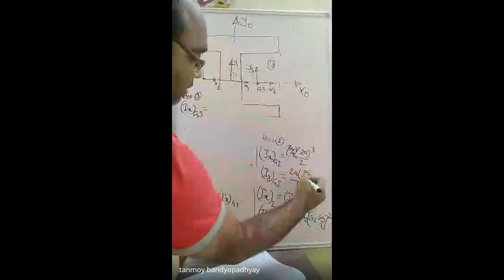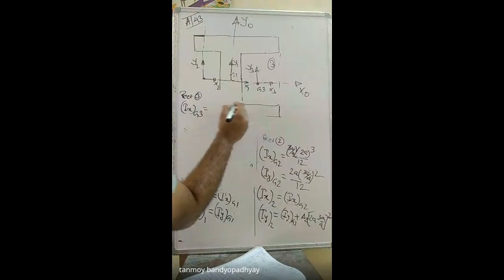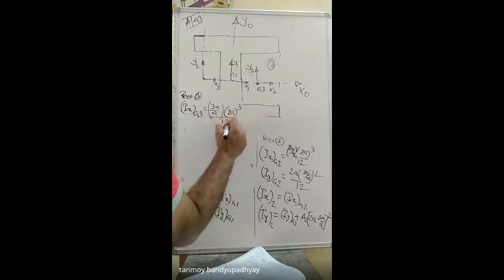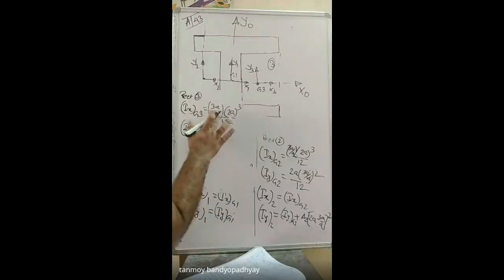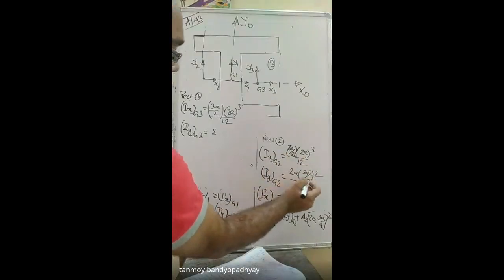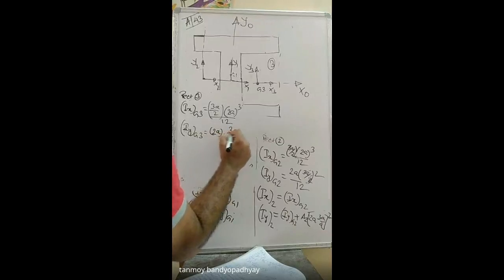So এটাও 3a by 4 হয়ে যাবে হোল স্কয়ার. আচ্ছা for ixg3 সেটার জন্য তাই হবে, so bd cube by 12. So base is 3a by 4 into depth cube, so depth is 2a whole cube divided by 12. And iyg3, 3a by 2 হবে. আচ্ছা এটা হবে 2a, db cube by 12, so that is 3a by 2 whole cube divided by 12.